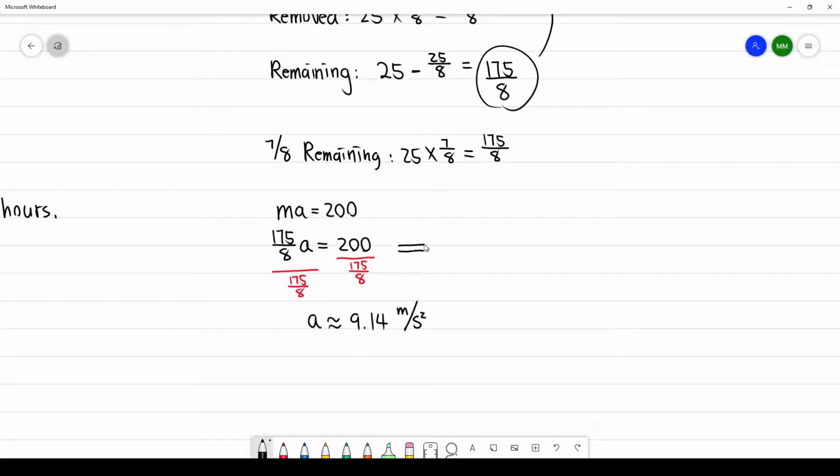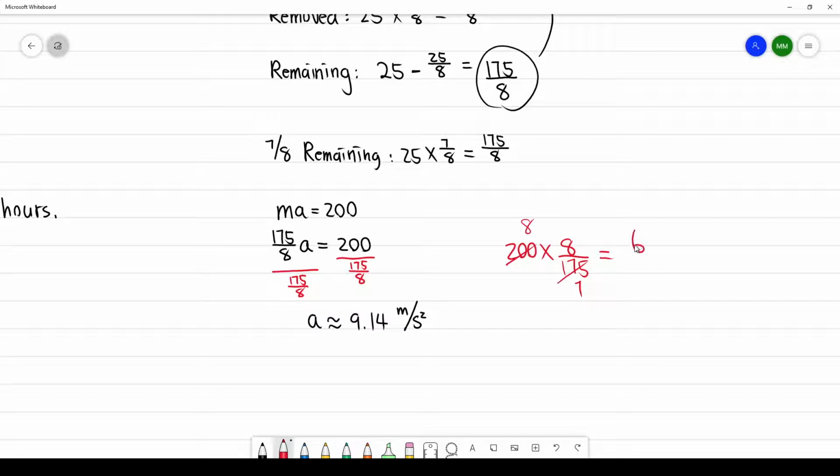So let me just do the calculation here. So 200, this is the same thing as times 8 divided by 175. And then you can cancel out the 25 here. So 175 divided by 25 is 7. 200 divided by 25 is 8.